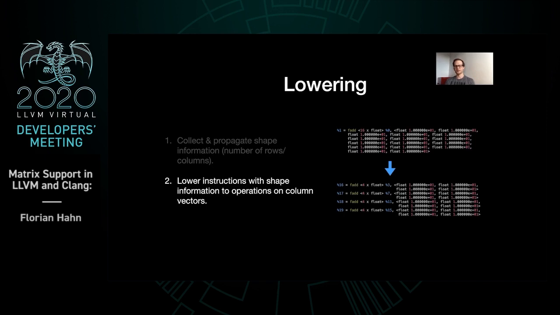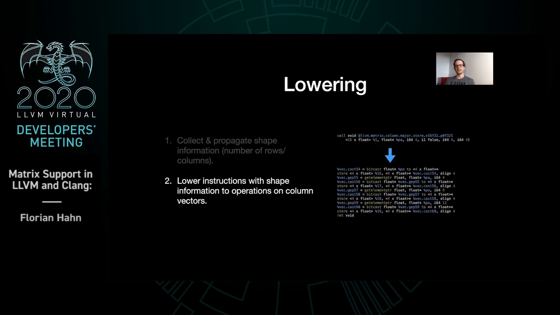So we can split up our fadd to also directly operate on those column vectors, which means that we don't need any extra instructions to convert the input operand back to a larger vector.